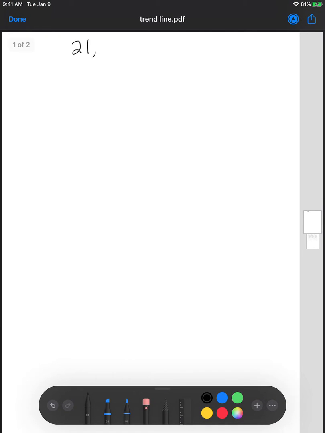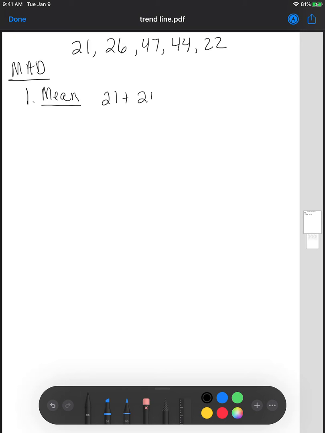Okay, so our data points are 21, 26, 47, 44, and 22. We're going to find MAD. So step 1, find the mean. We're going to add these all up: 21 plus 26 plus 47 plus 44 plus 22.